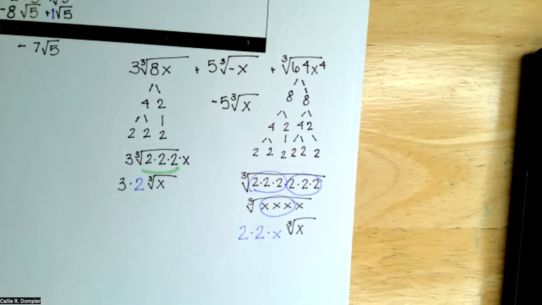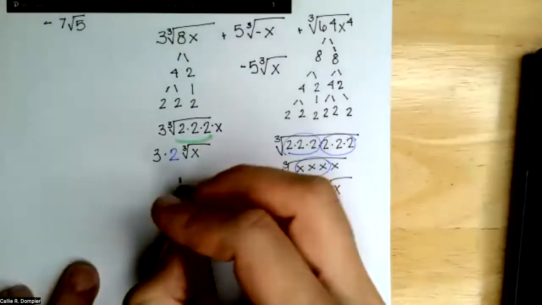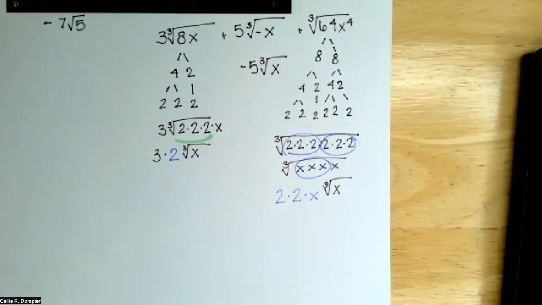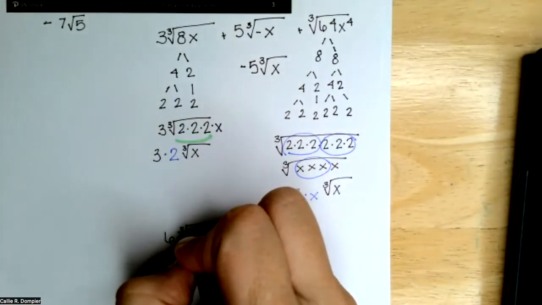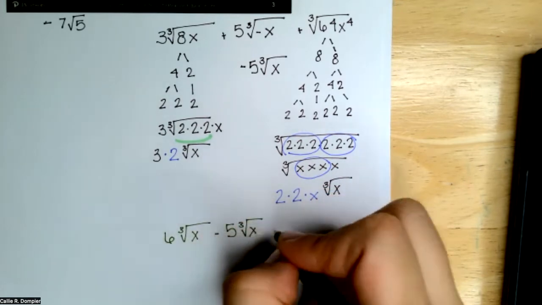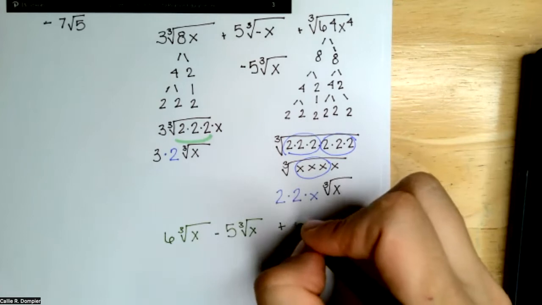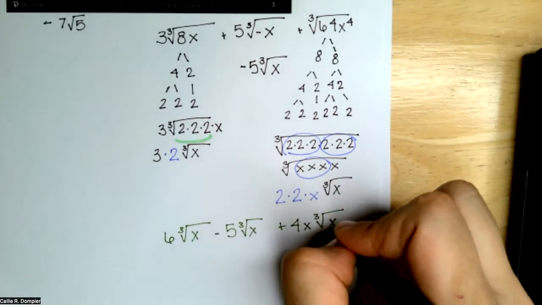Or you just know that the cubed root of 64 is 4. That's also fine. Let's bring each of these down. 3 times 2 becomes 6. Cubed root x minus 5 cubed root x plus 4x cubed root x.